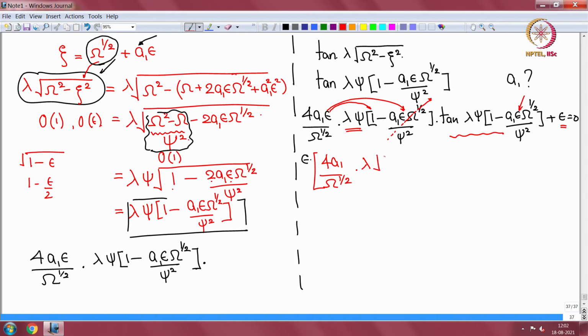Psi is square root of omega square minus omega, into this tan quantity, lambda into psi into 1.